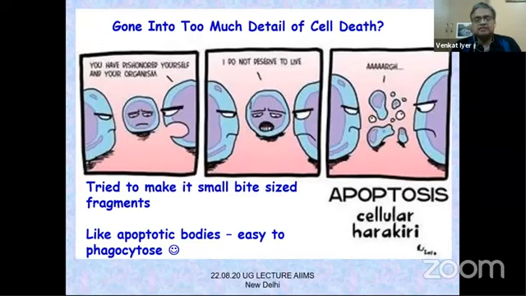Actually, that's not the case. You might be feeling that cell death is not very pleasant, and there are too many different types which are confusing. But what I've tried to do is make it into small bite-sized fragments which you can swallow. So like apoptotic bodies, they are easy to phagocytose.